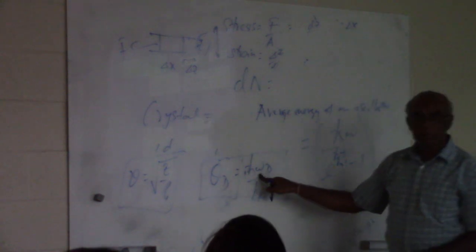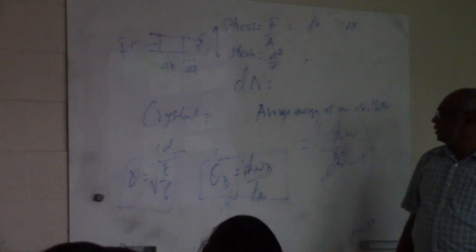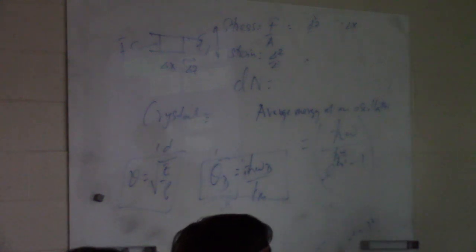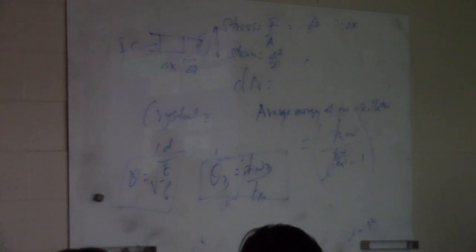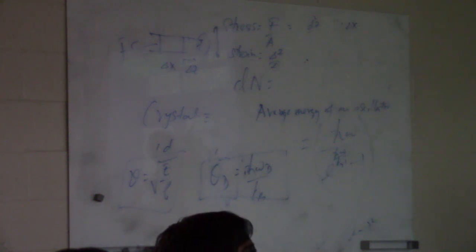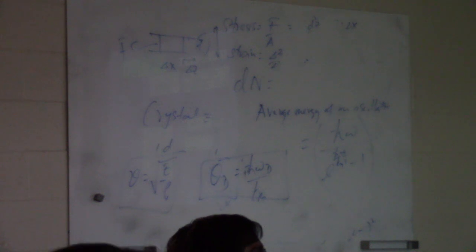What is omega D? That's the Debye cutoff frequency. Now let's look at low temperature, but first the high temperature. That means T is much greater than the Debye temperature. In this case, C is basically ħω over kBT.